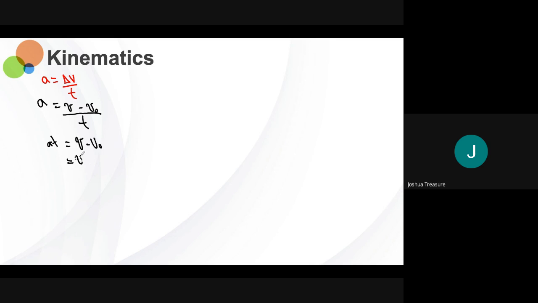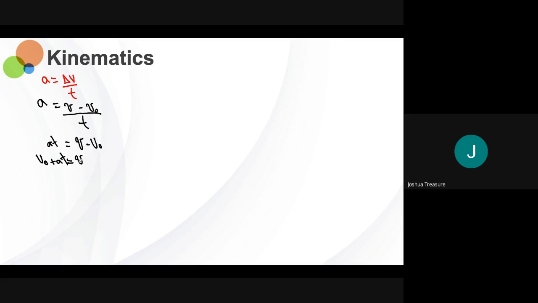So it would give us V equals V0 plus AT. So we can use this equation now to find the final velocity of an object if it has constant acceleration.